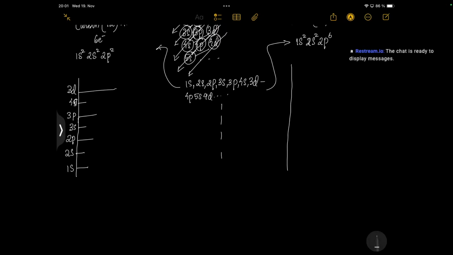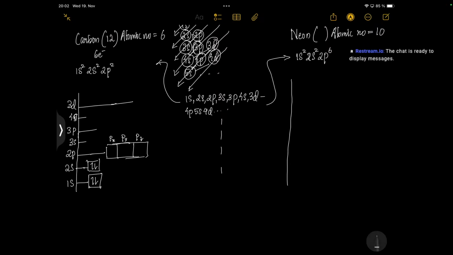Yeah, so 1s, we got 2 orbitals, two electrons in opposite spin. So we pair them up. 2s, the same, we pair them up. But for 2p, it's in a higher level. We got three different orientations, like px, py, pz, and only 2 electrons are filled in the p orbital according to Hund's rule.